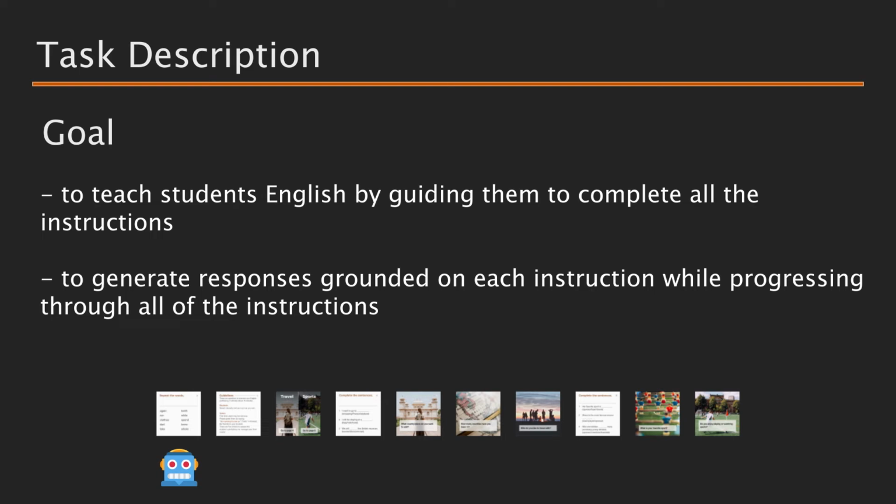Specifically, we aim to enable our dialogue agent to generate responses grounded on each instruction while progressing through all of them in a sequential order without skipping. For this purpose, our agent must be aware of the progress of our tutoring session. In other words, the agent should recognize if the instruction is finished and how many instructions have been completed.